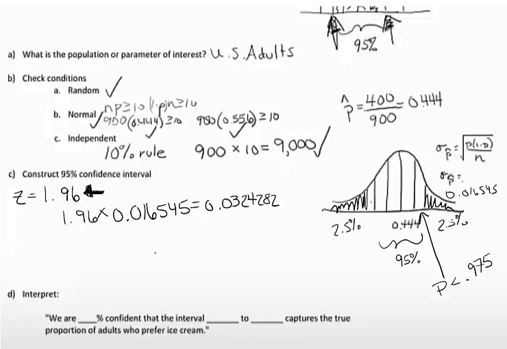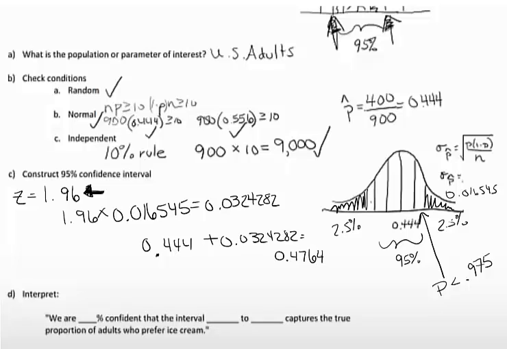So if we take the proportion and add 2 standard deviations higher, or 1.96 standard deviations higher, this should be our upper bound of our confidence interval.